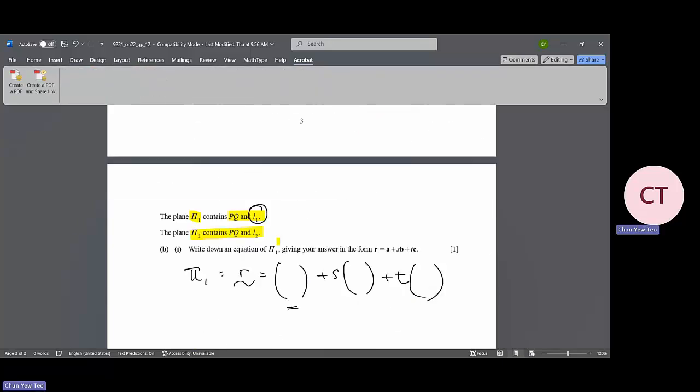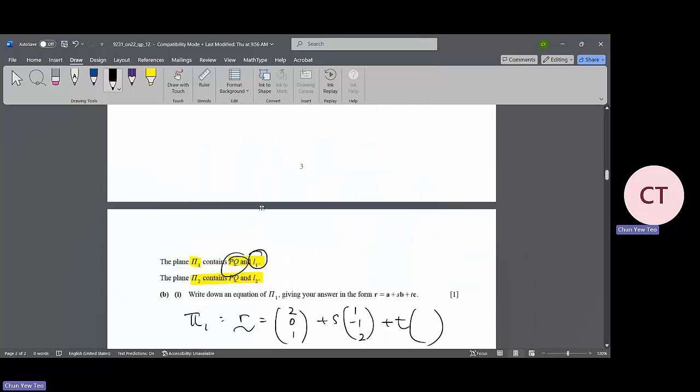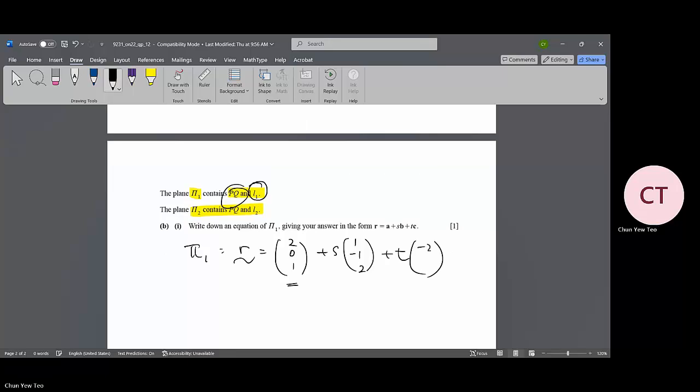So over here we write (2, 0, 1). The directional vector for the line L1 is (1, -1, 2), and the directional vector for PQ just now was (-2, 4, 3). And this will be the answer for B part 1.